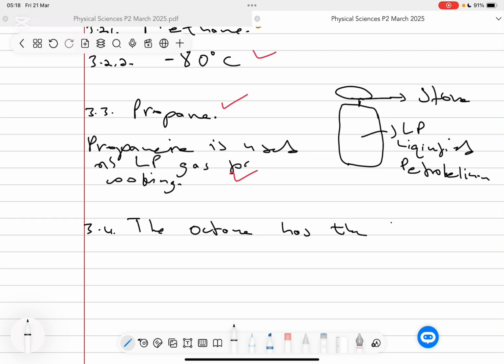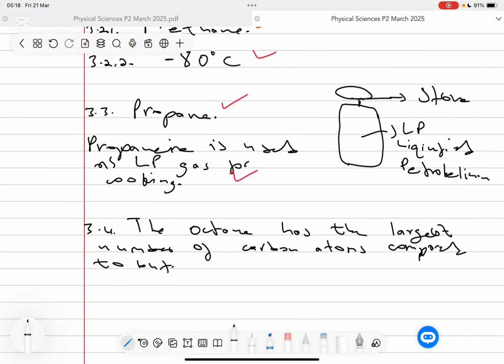To say, when we are on 3.4, I'm going to say that the octane has the largest number of carbon to carbon atoms compared to butane. So here it's very important to compare, because we're not looking at one molecule but two.